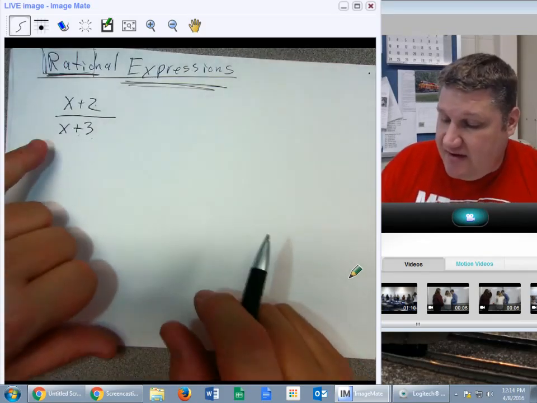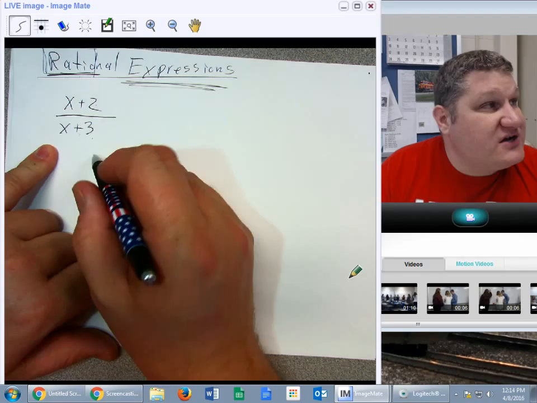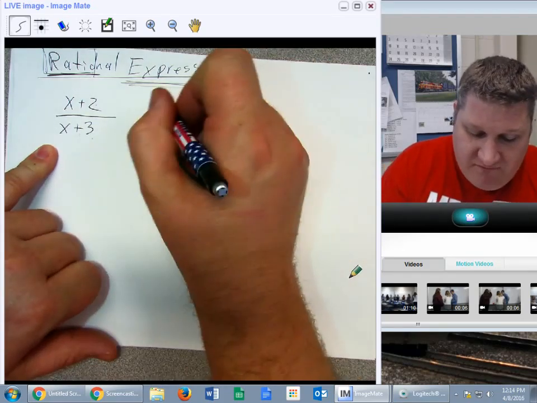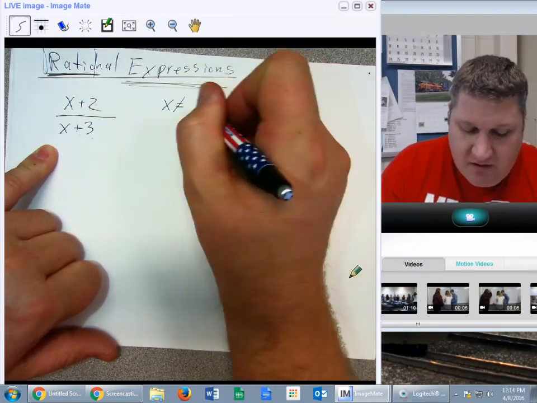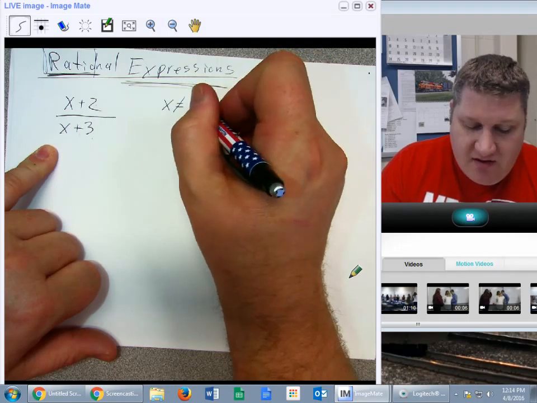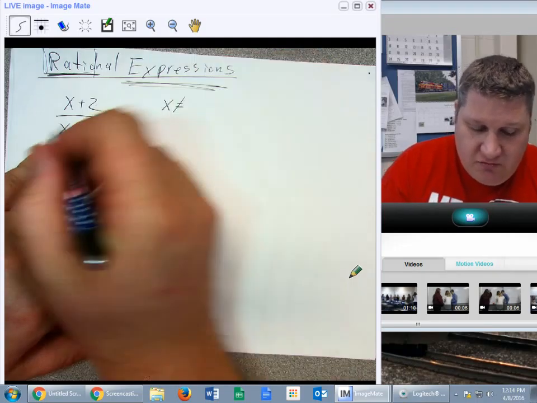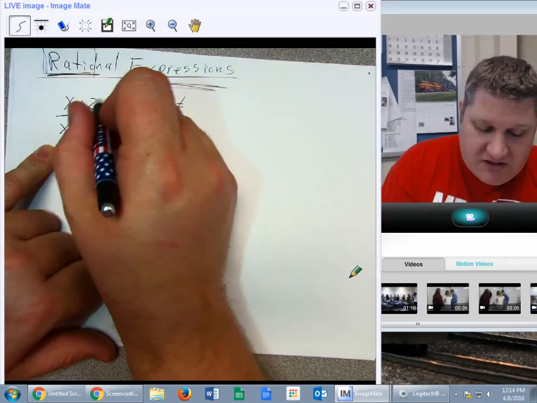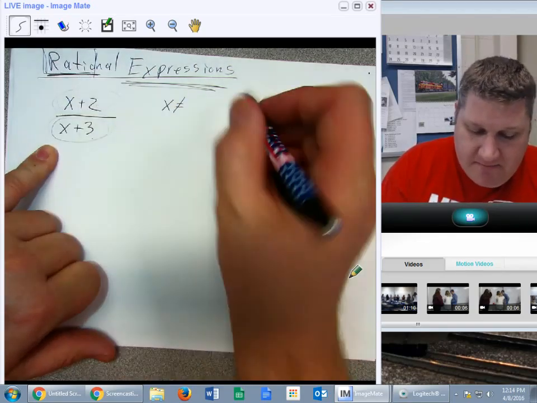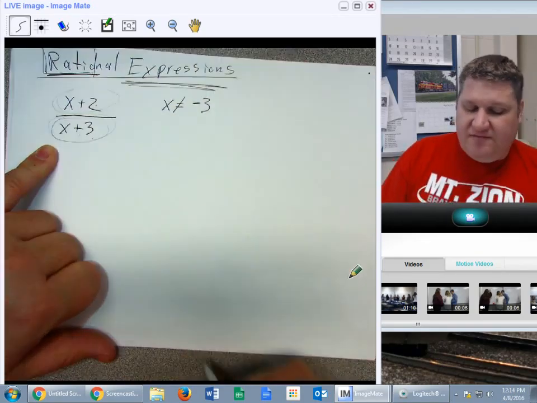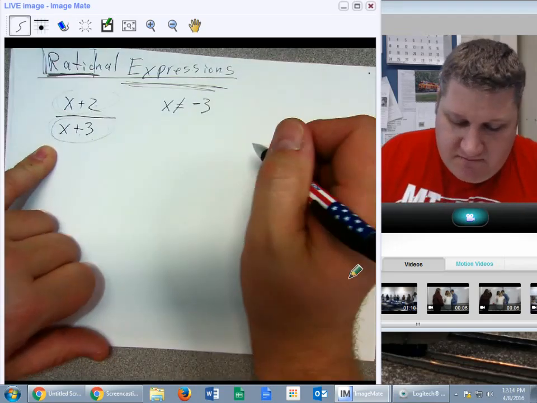Now, the thing about these rational expressions is, I could graph them. What value is excluded? What can x not be? Okay, I disagree with -2 because again, can I have 0 on top? Yes, but can I have 0 on bottom? So x equals -3 is not allowed.